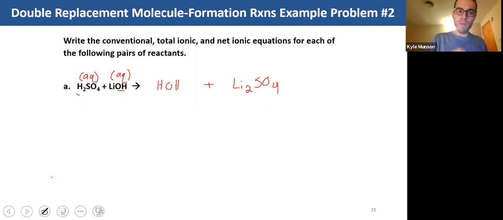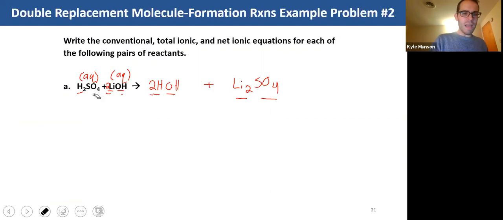Then when I balance the equation, I can put a 2 in front of here and a 2 in front of here to balance out the lithium. Now I have 2 hydrogens there, 2 hydrogens there, 1 sulfate here, 1 sulfate here, 2 lithiums here, 2 lithiums here, 2 hydroxides here, 2 hydroxides here.